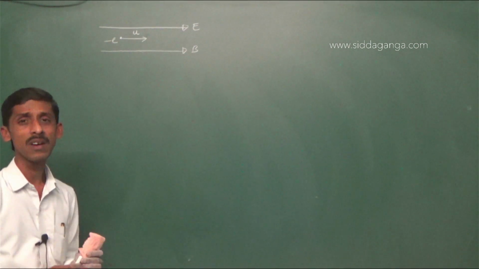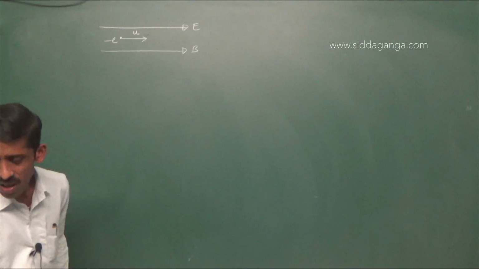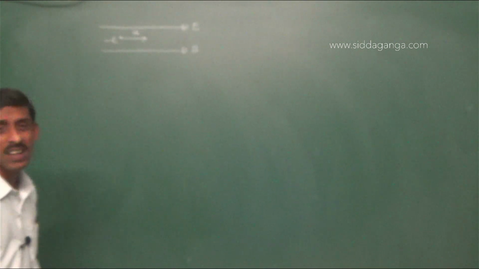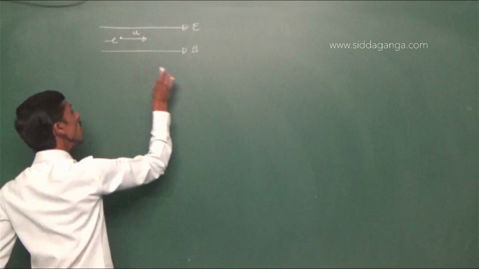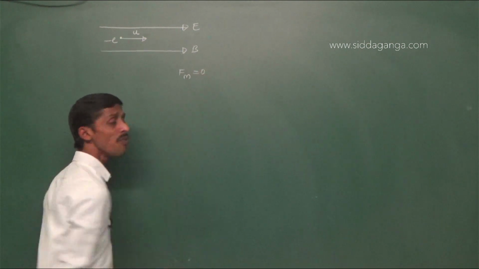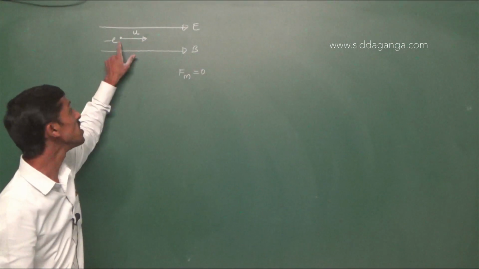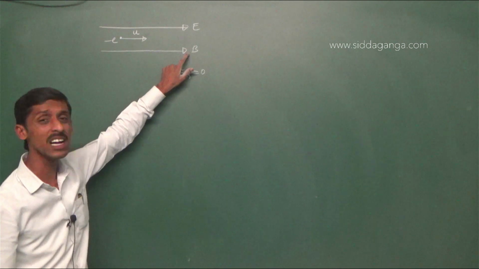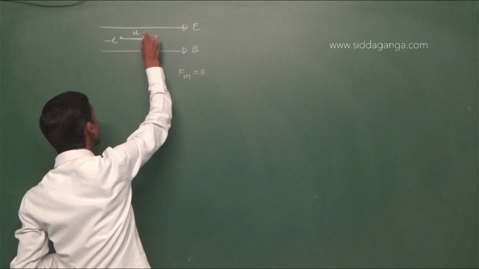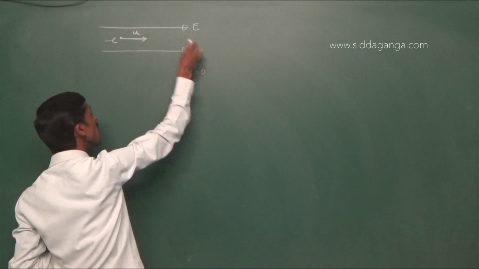What happens? Remember, on this charged particle, magnetic force acting will be zero. The force experienced by this electron because of magnetic field is zero, because motion of the charged particle, that is velocity, is parallel to field.